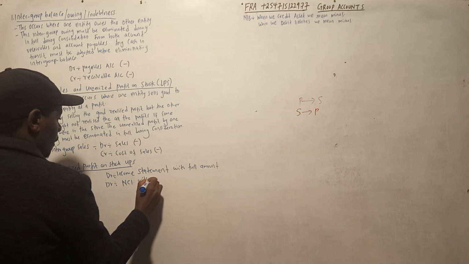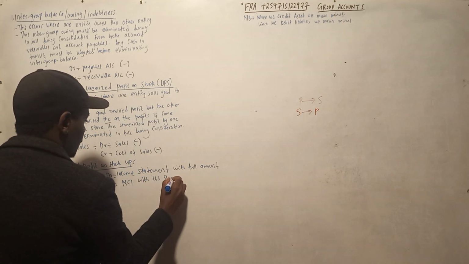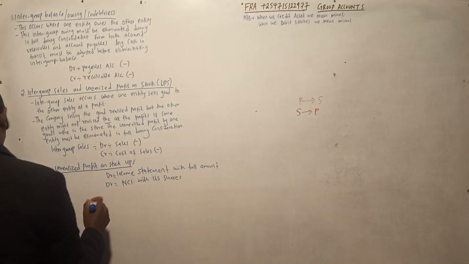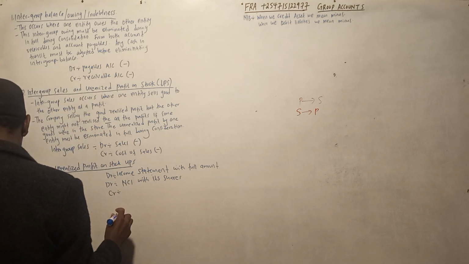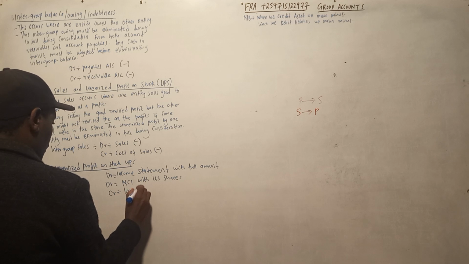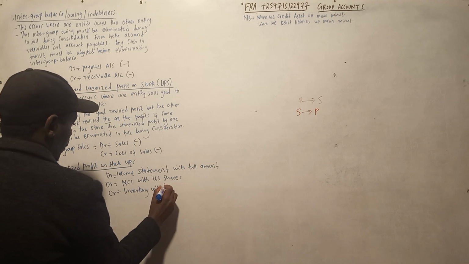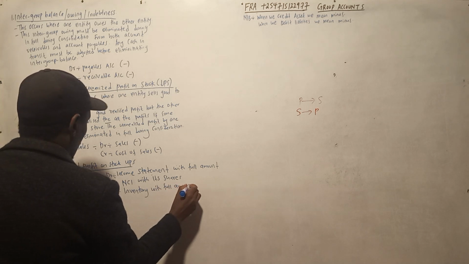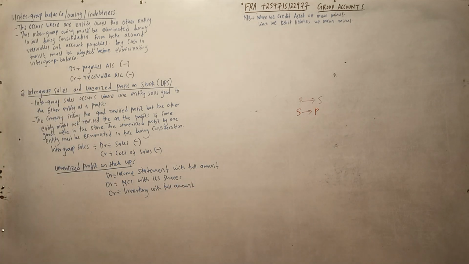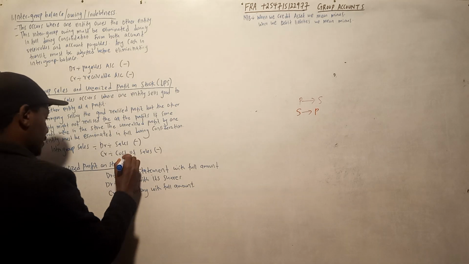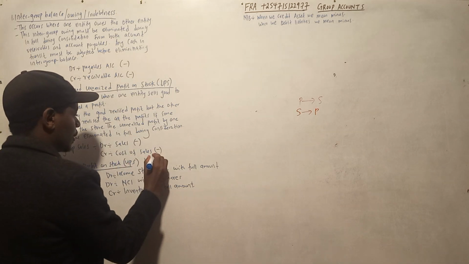Then we credit inventory with the full amount. This is the unrealized profit, UPS, made by the subsidiary.